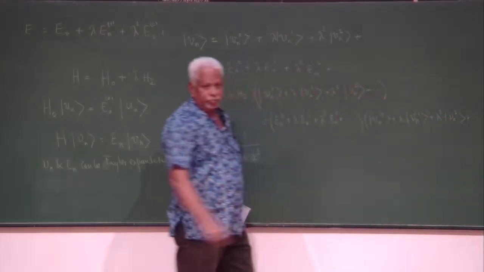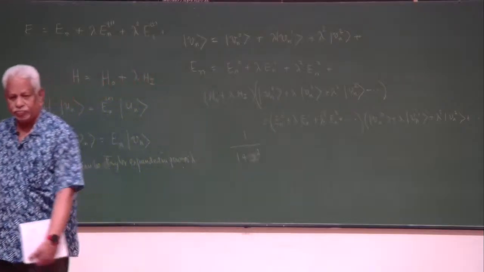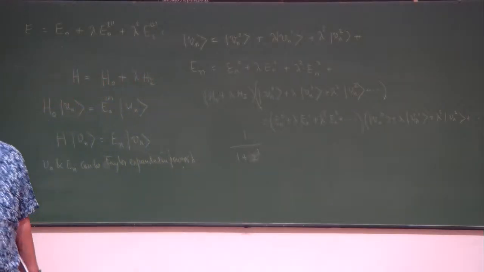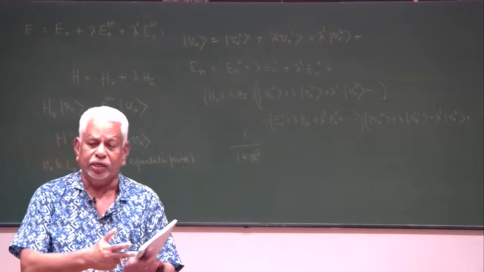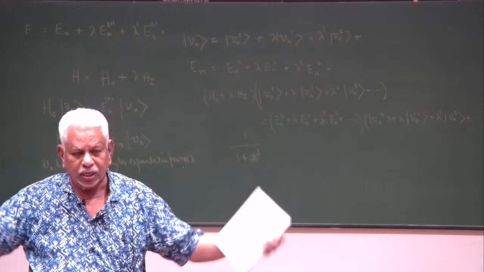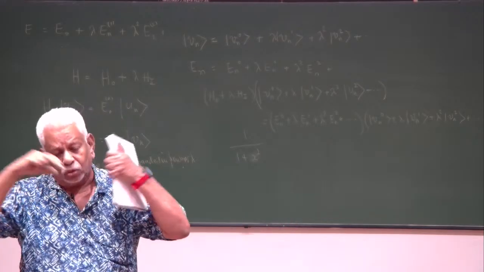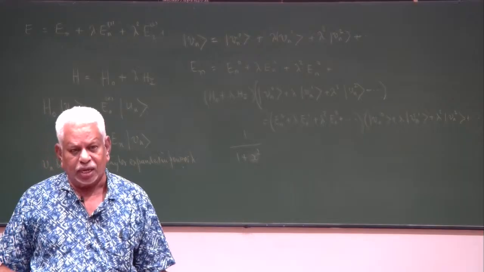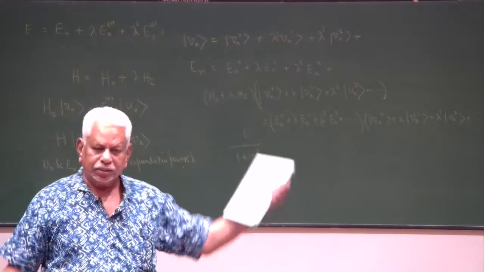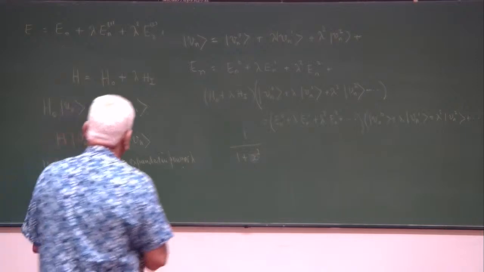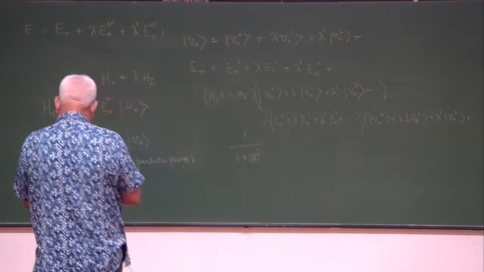Is this clear? Whatever I have substituted, I have only expanded my exact eigenfunction Vn, which I don't know. I expanded it in powers of lambda, and I don't know the exact eigenvalue En either. I have expanded it in powers of lambda and substituted here.